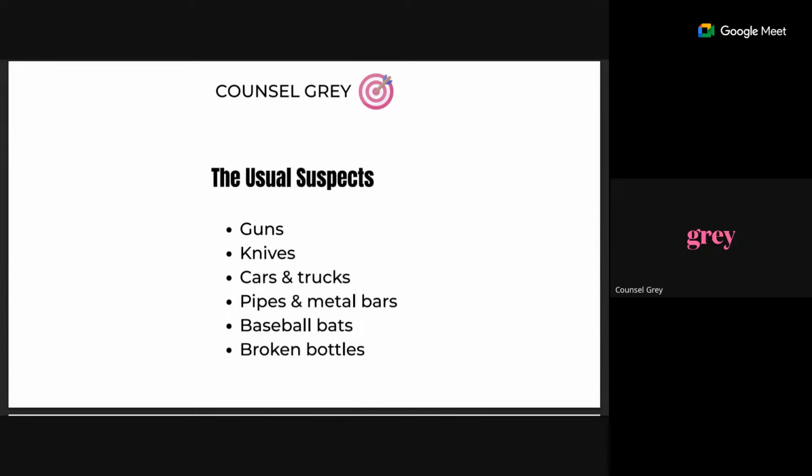Felony assault is necessary to establish the felony murder down the road. Okay, so here are the usual suspects: guns, knives, vehicles, cars, trucks, whatever, pipes, metal bars, a baseball bat, a broken bottle, right? I'll cut you. These are sort of the things that we know and expect to be considered deadly weapons.